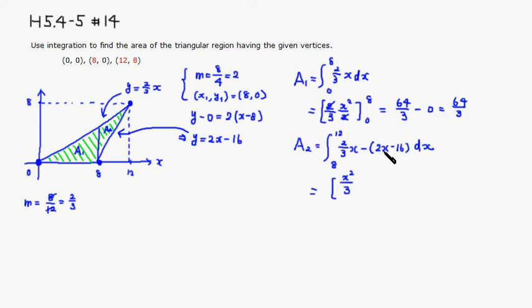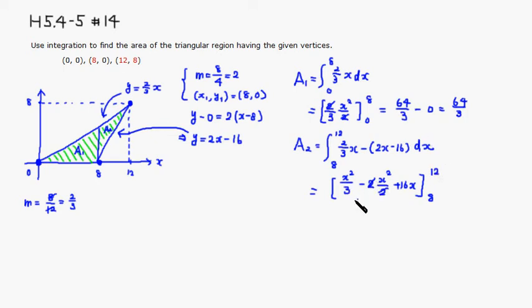Then negative 2x has antiderivative 2 times x squared over 2, so the 2's cancel out. Negative negative 16 is a positive 16, with antiderivative 16x. Then going from 8 to 12.